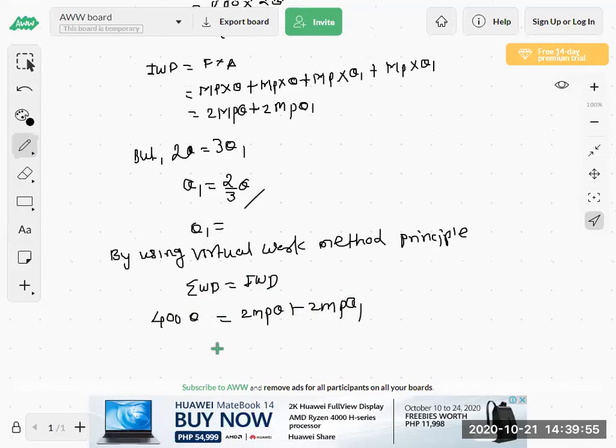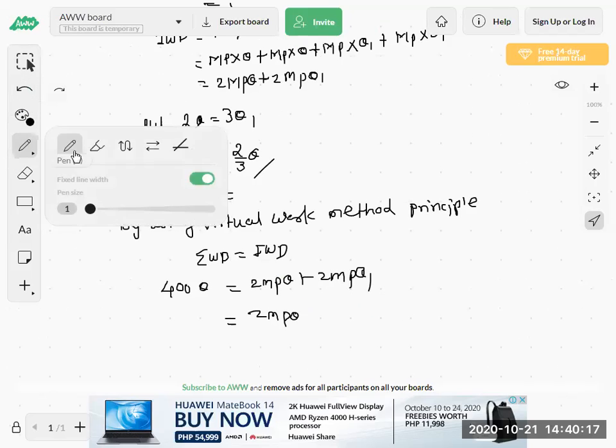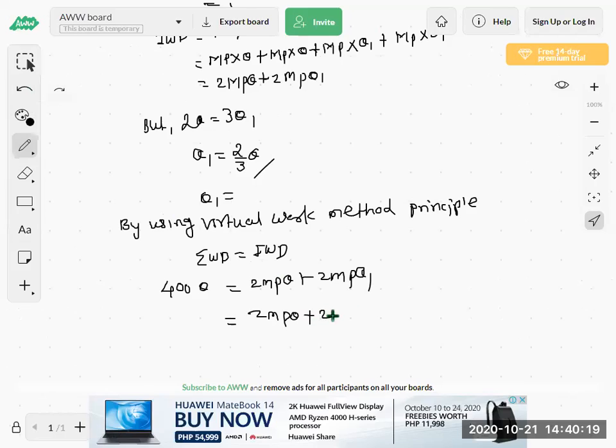So how much is the value of theta 1? Tell me fast. Theta 1.